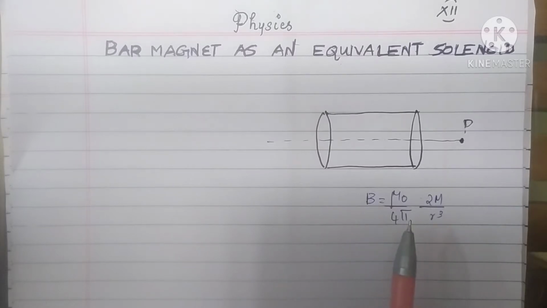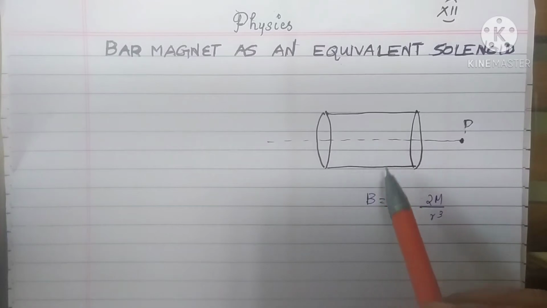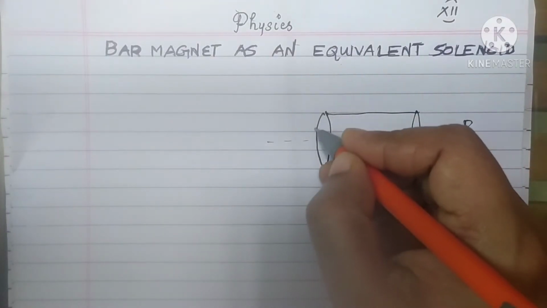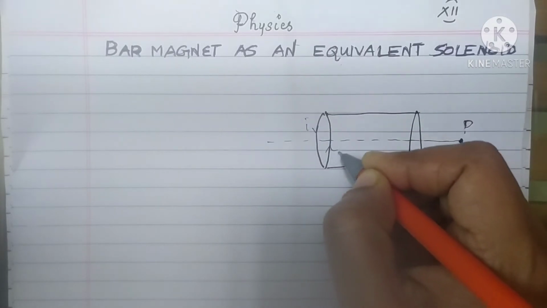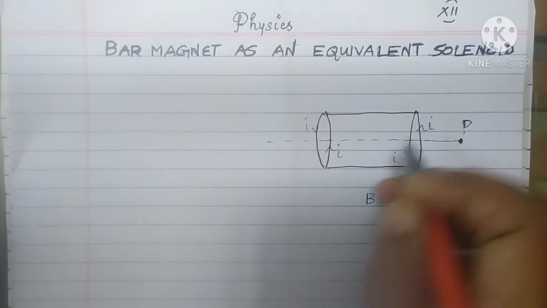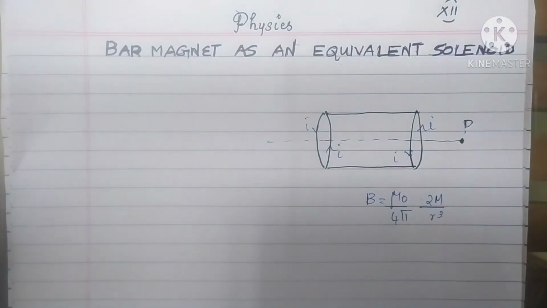Understood? And you know this solenoid consists of large number of circular turns, isn't it? Like if current is moving like this, okay, you can see large number of circular turns. So as a whole it will behave like a current carrying loop or a current carrying circular ring.